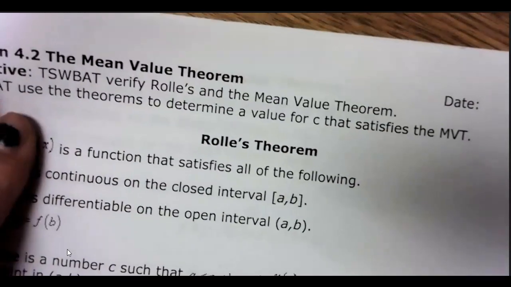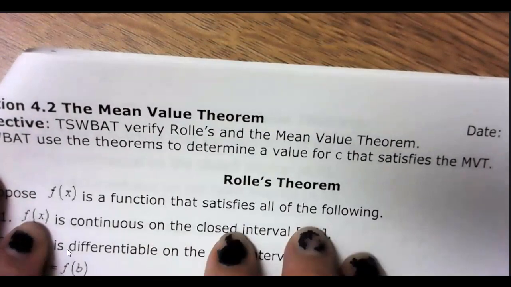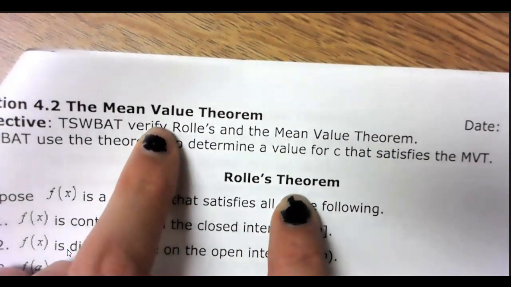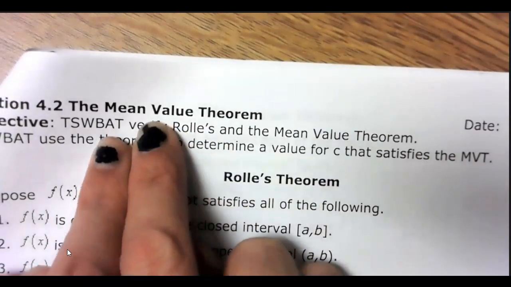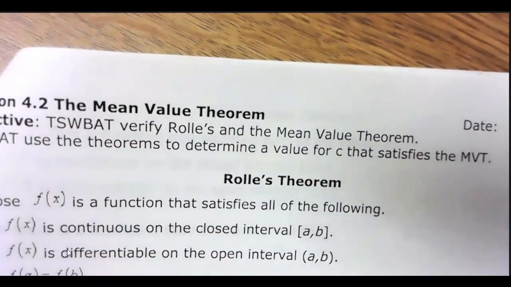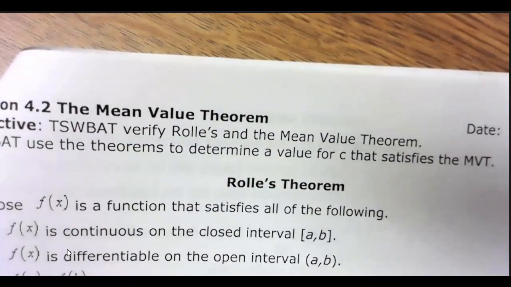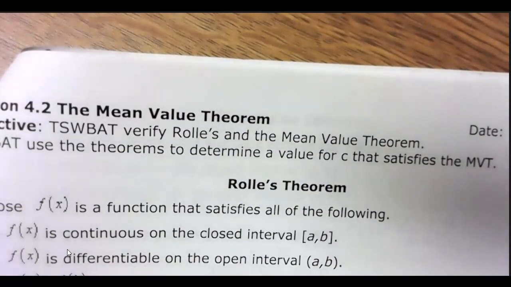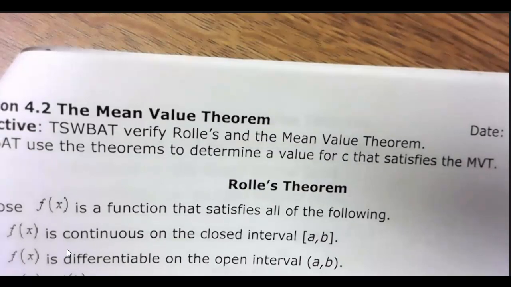That idea and concept leads us into two new theorems we're going to discuss today. We're primarily focusing on the mean value theorem. Rolle's theorem is kind of like the mean value theorem, but at a specific example.